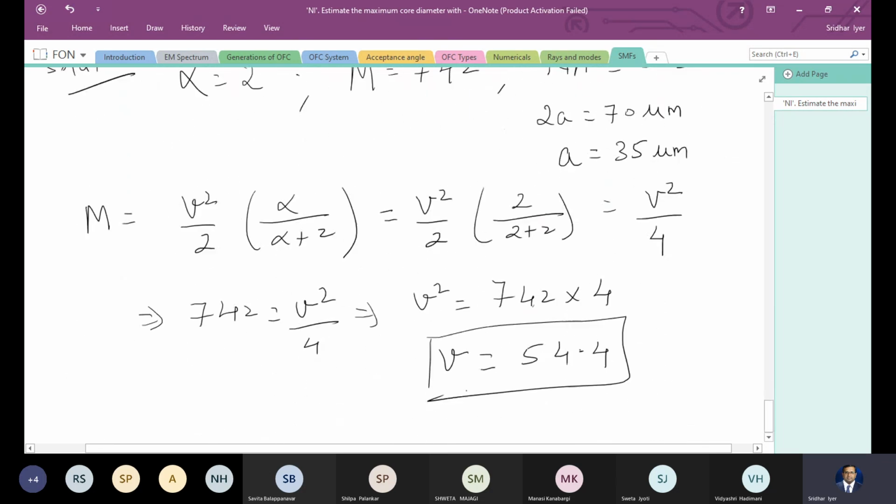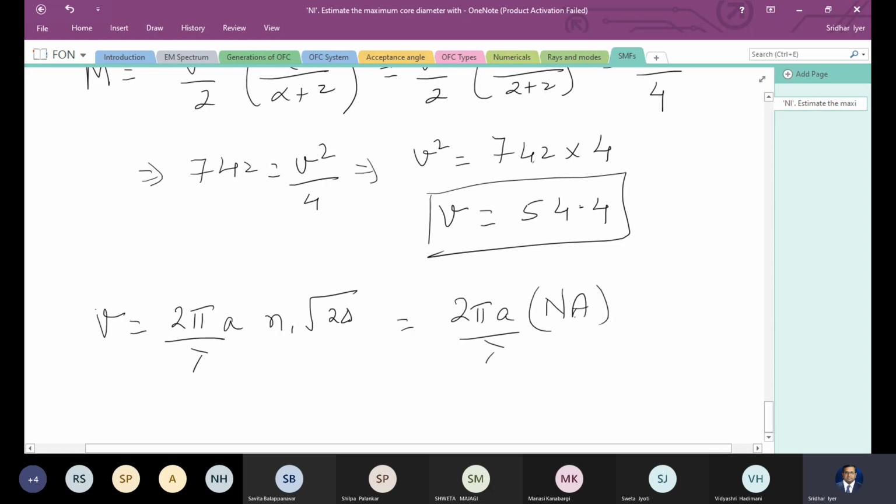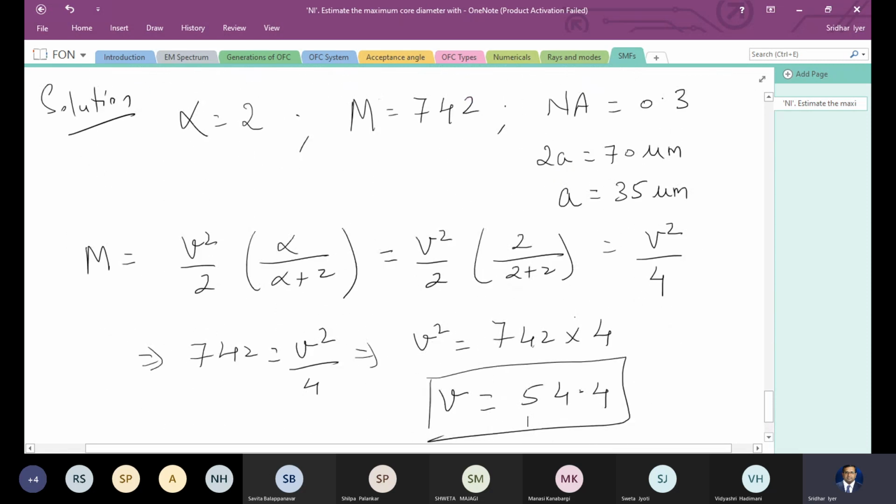So we have the value of V. We know that V is equal to 2 pi a by lambda into NA, and we are given the value of NA in the question. NA is 0.3, right?